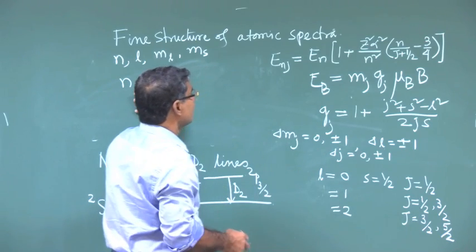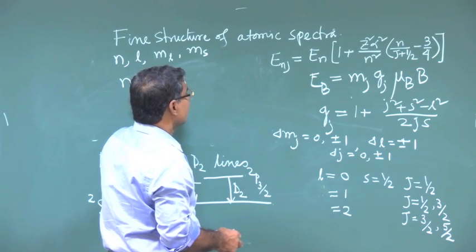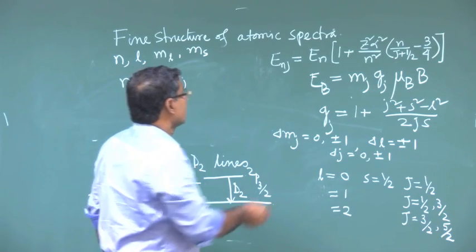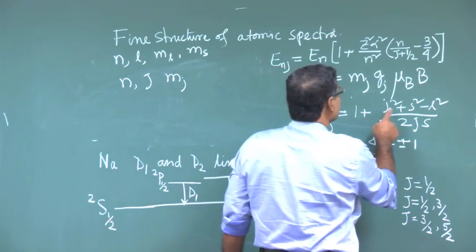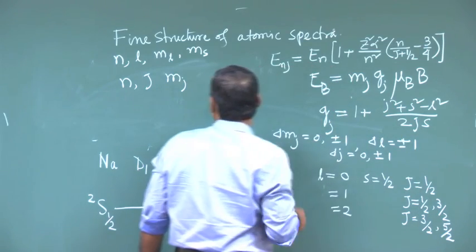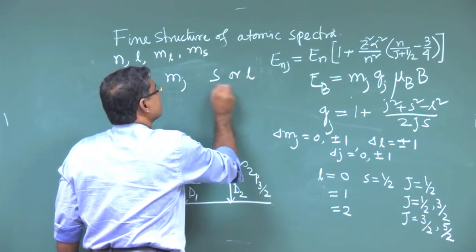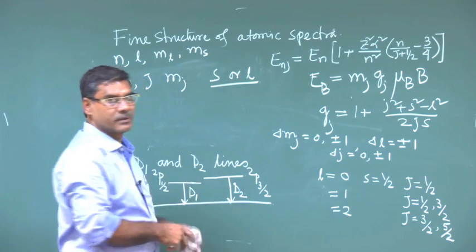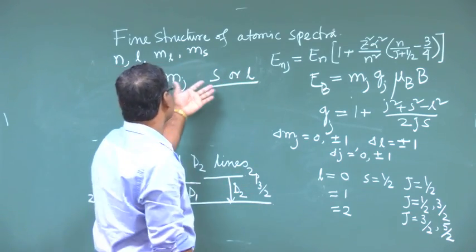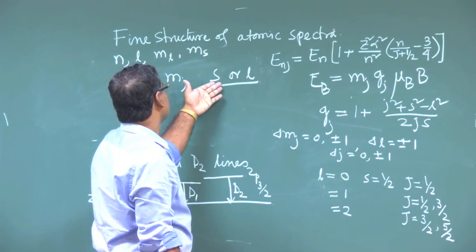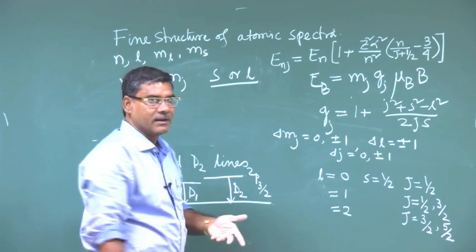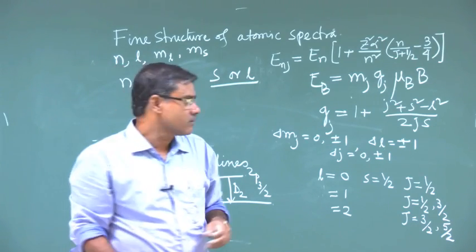Basically, these three values will be sufficient. If I know them, I have to know the g j. So, either one should know S or L. If you know S or L, then the other one can be found out.